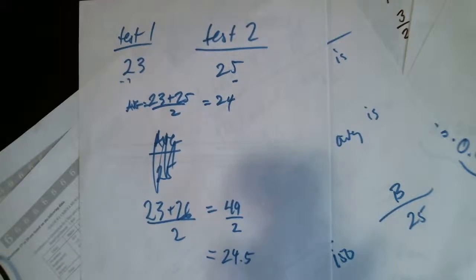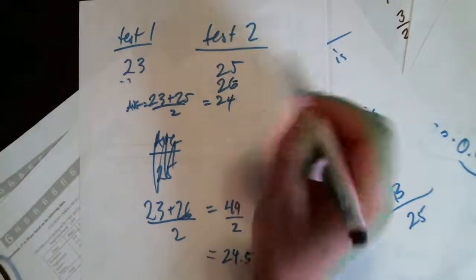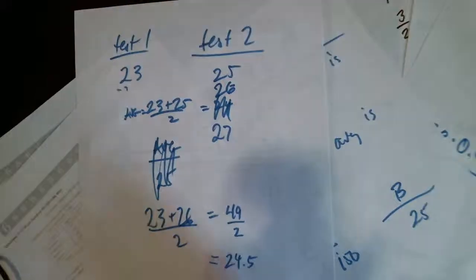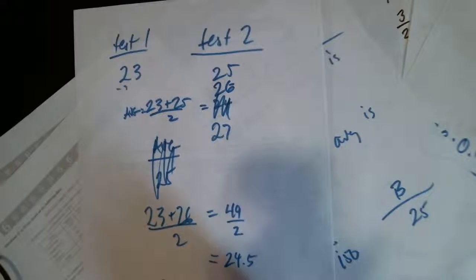It brings your average up from 23 to 24.5, but not enough. So try again: 27. 23 plus 27 is 50, and 50 over 2 is 25.